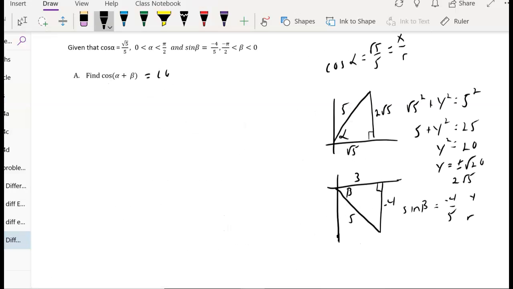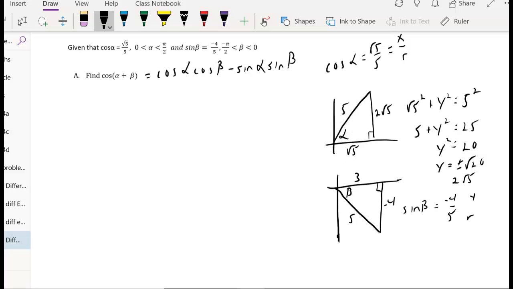We have the cosine of alpha times the cosine of beta plus the sine of alpha times the sine of beta. Now we're going to look at the triangles and maybe the given information to find those four pieces. There's four parts here, right? 1, 2, 3, 4.